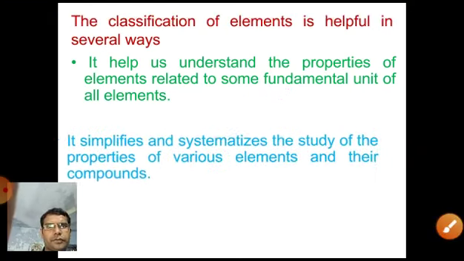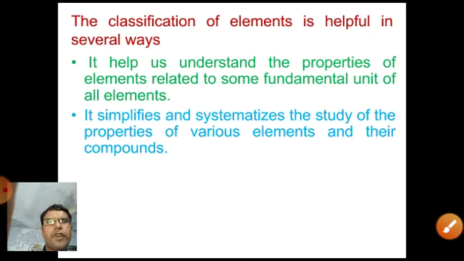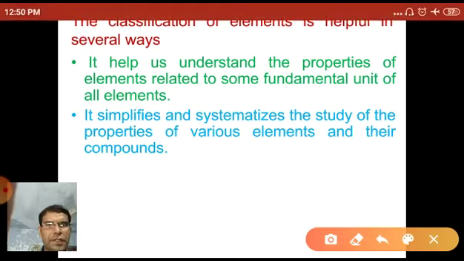Next, it simplifies and systematizes the study of properties of various elements and their compounds. So the periodic table, or classification of the elements into their categories, helps to simplify and systematize the study of their properties.